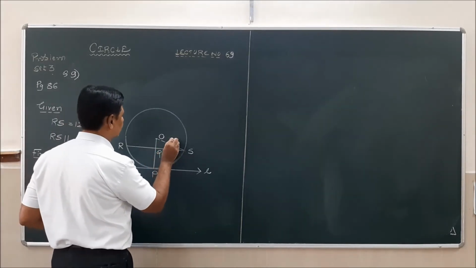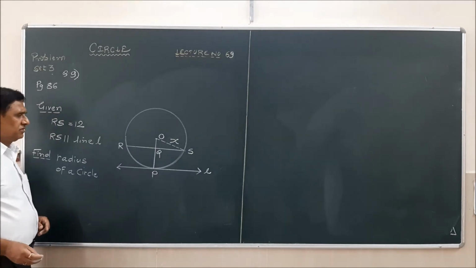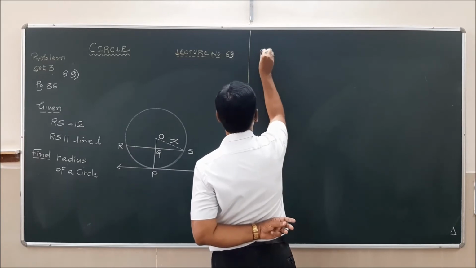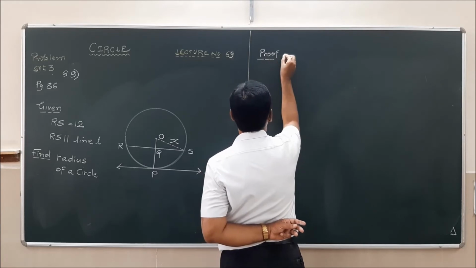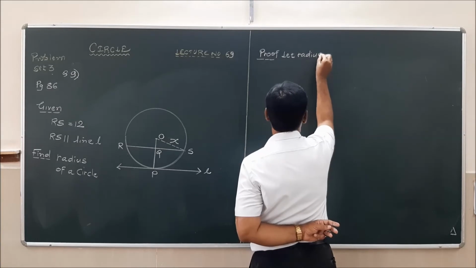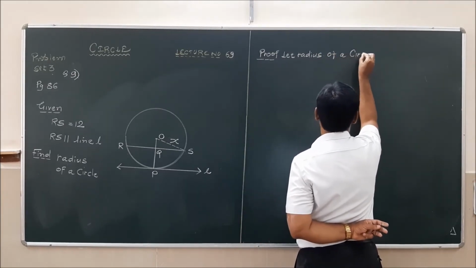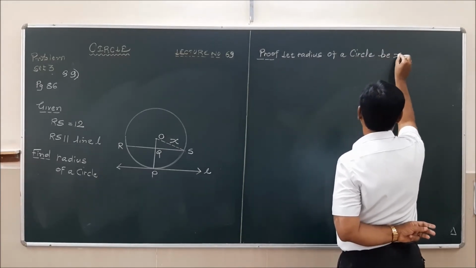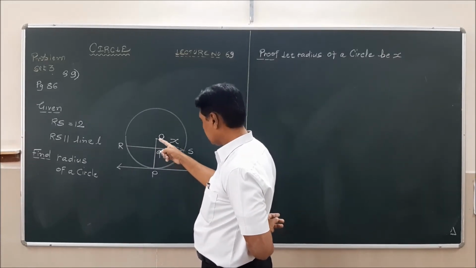I label this as X. That is the radius. So let the radius of the circle be X.